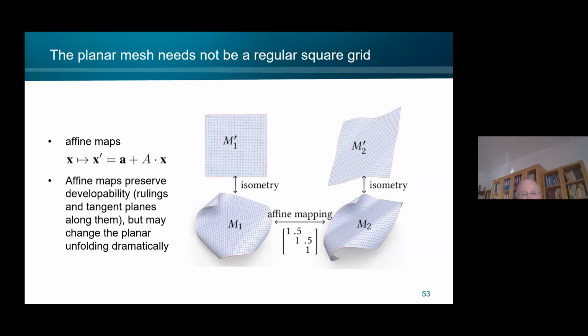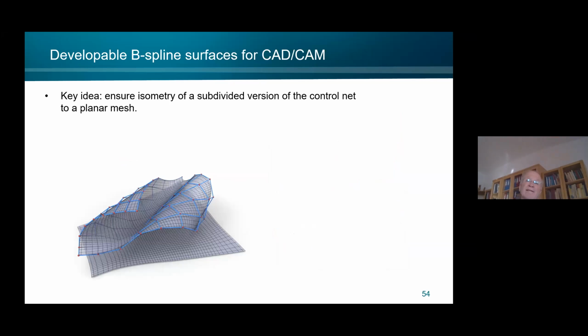So developability is preserved, but the unfolding is very different. And with our representation, we will have a corresponding isometric mesh in the plane, which is of course no longer a square grid.